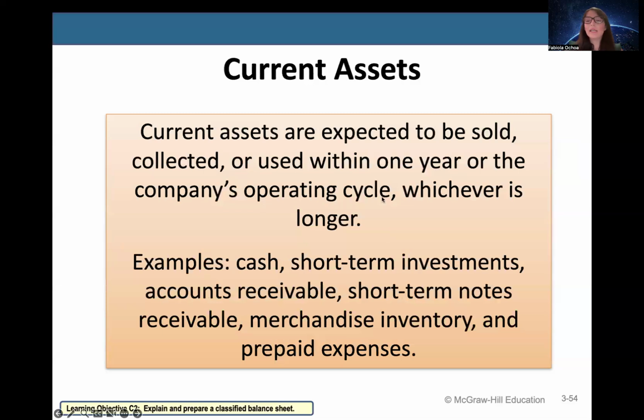Okay, going into detail on all of these a little further, we have current assets. Current assets are expected to be sold, collected, or used within 1 year. Some examples are cash, short-term investments, accounts receivable, short-term notes receivable, merchandise inventory, and prepaid expenses.